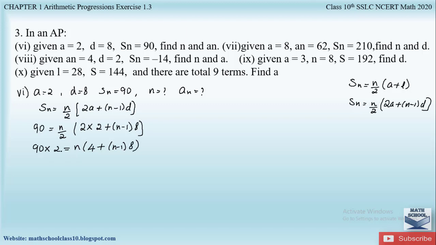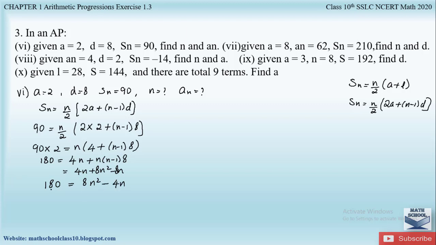So 9 2s are 18, or it is 180 is equal to 4n plus n into n minus 1 into 8, or this will be 4n plus 8n square minus 8n, because 8n into n is 8n square. So we will get 180 is equal to 8n square, and 4n minus 8n is minus 4n.